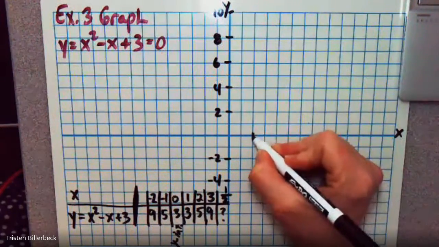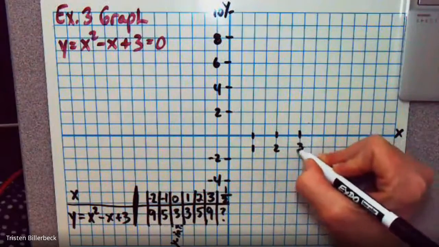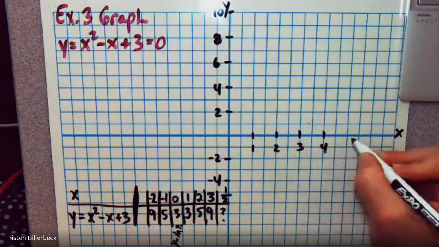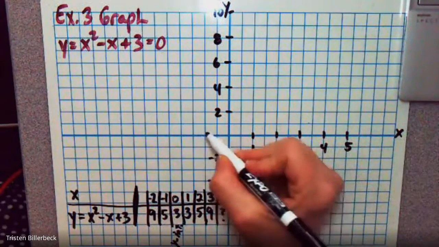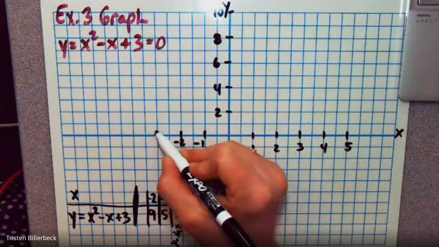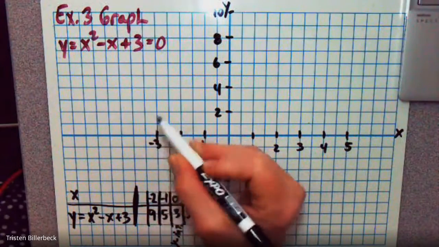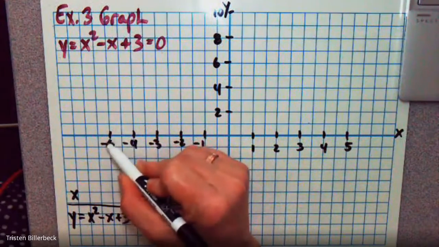So let's make this 1, 2, 3, 4, and 5. Okay, and then we have negative 1, negative 2, negative 3, negative 4, and negative 5.